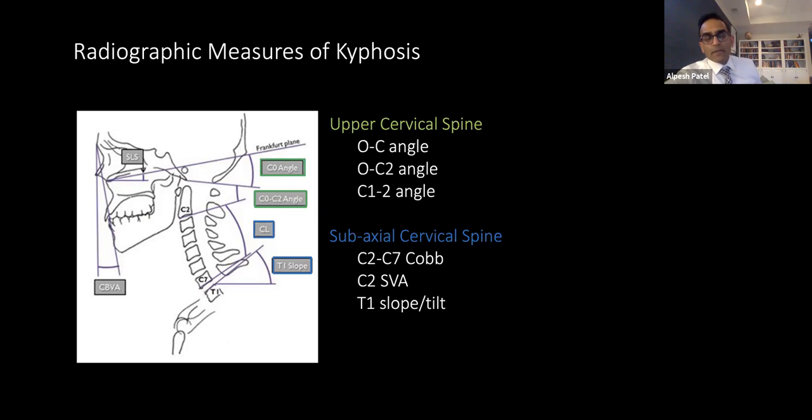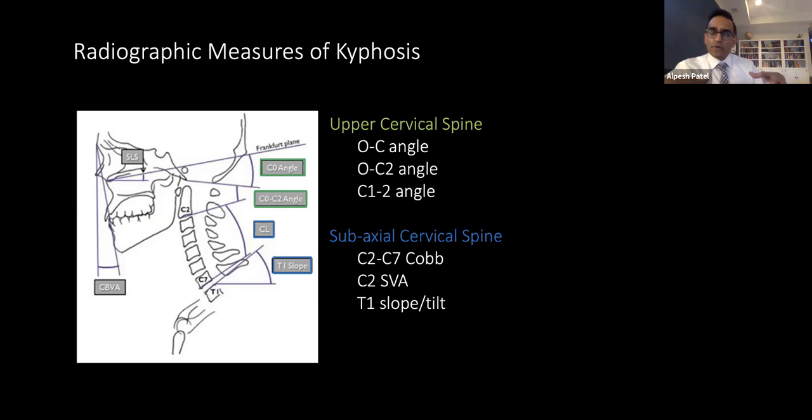So if you drop a plumb line from the middle of C2, you measure that distance to the back of the C7 disc space, then that'll give you your idea of your C2 SVA. And then the last one is this idea of T1 slope or tilt. And I think that's a really important one, here in the bottom in purple and blue. And that is sort of the equivalent of many of the things that we talked about with regards to pelvic incidence and pelvic tilt.